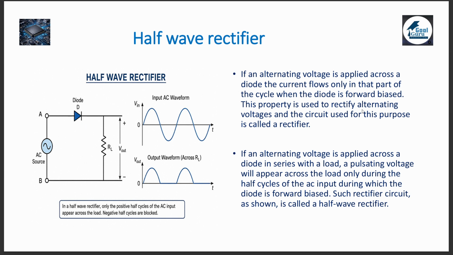The circuit which is responsible for this purpose is called the rectifier. Therefore, in half wave rectifier, only the positive half cycles of the AC input appear across the load and negative half cycles are blocked. Therefore, you can see across the resistive load, this is how the output waveform occurs, or you can see when you check it on the CRO in the lab.